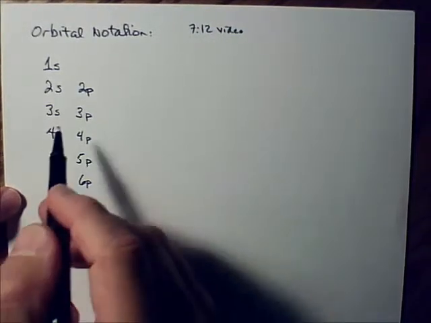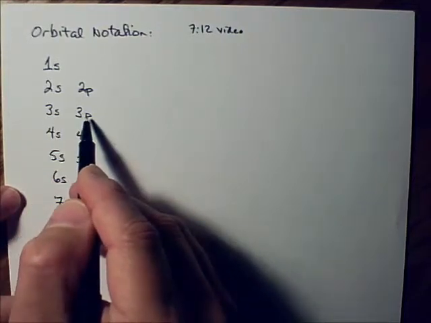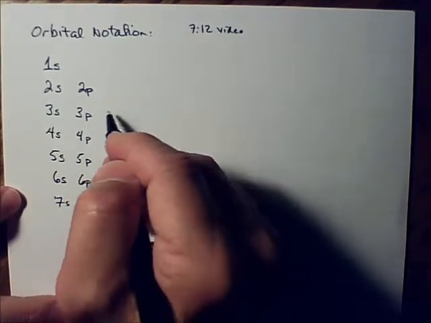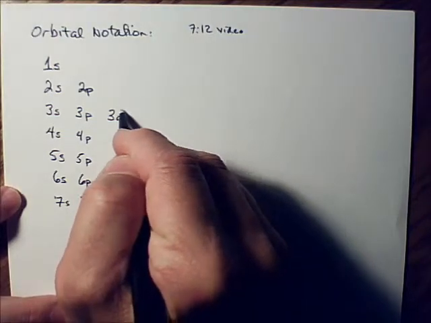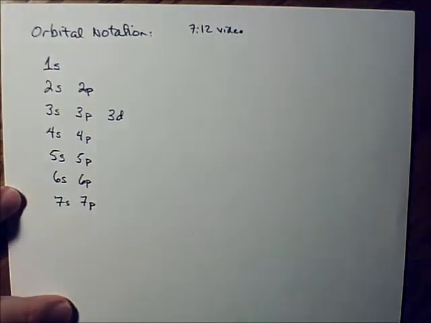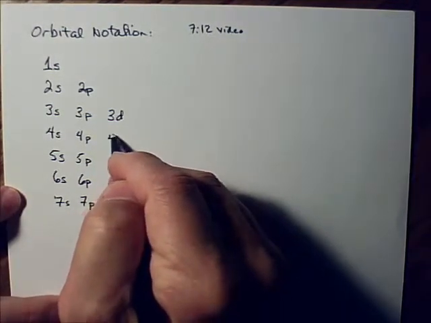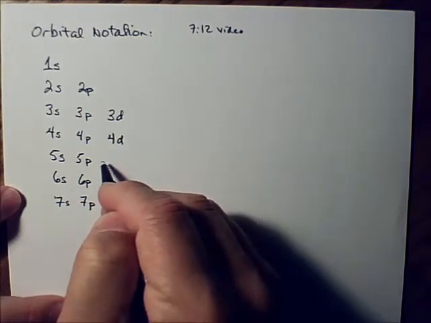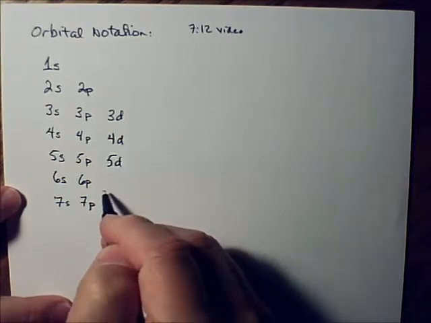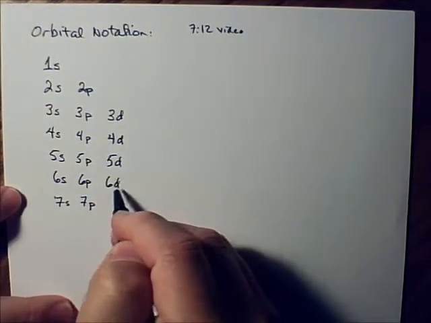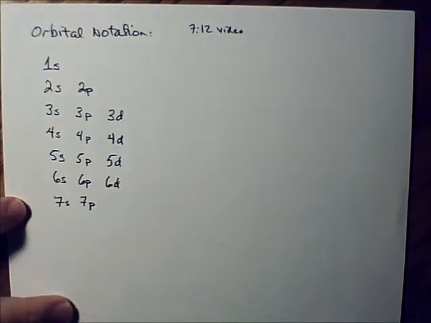On this row where 3 is located, 3s and p, leave a space and write 3d. And under that is 4d, 5d, and 6d. Now we could write 7d, but that's really kind of going too far. We don't need it.